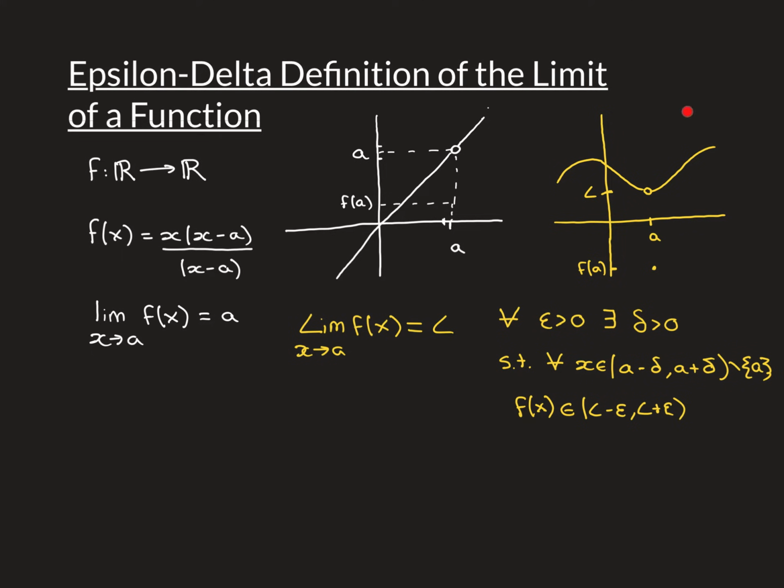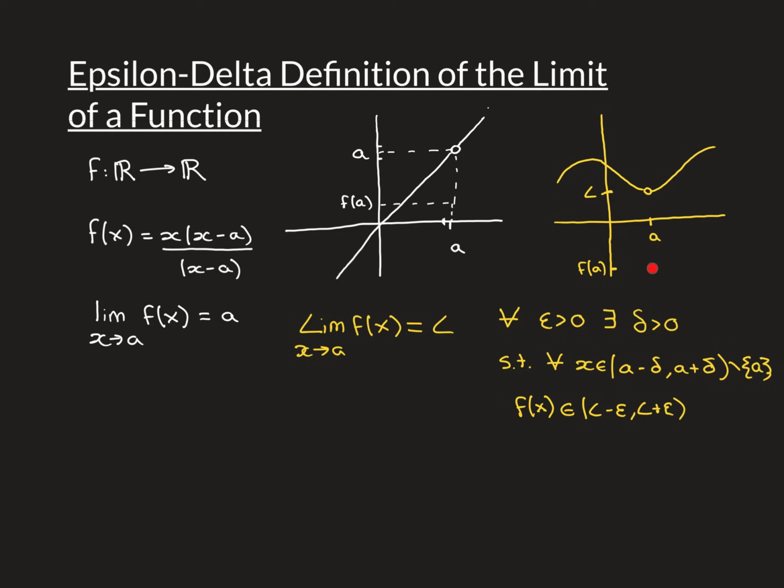So I've drawn a picture here. This is now the graphical representation of our function f of x. Here is our point that we're approaching in the domain, x is equal to A. Here is what the value of the limit of the function as x approaches A is clearly going to be. You can see that as you get closer and closer to A in the domain, the value you're converging onto in the codomain is going to be L here.